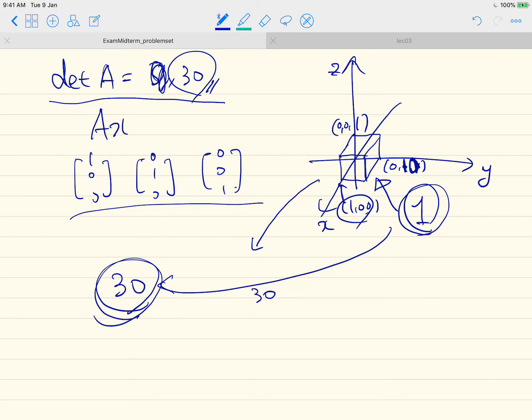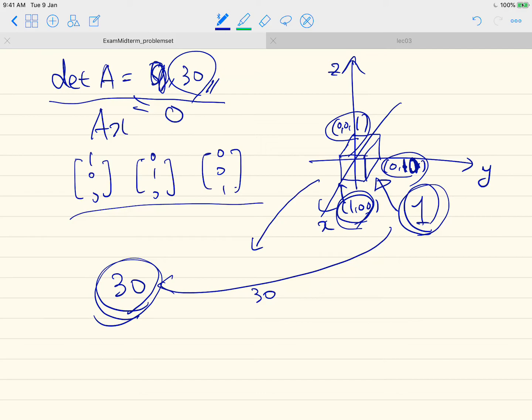And what if it is 0? Why is it having 0 volume in this case? Determinant being 0 means that there are linearly dependent columns, right? Starting from 1 0 0, 0 1 0, and 0 0 1, it has a three-dimensional volume.